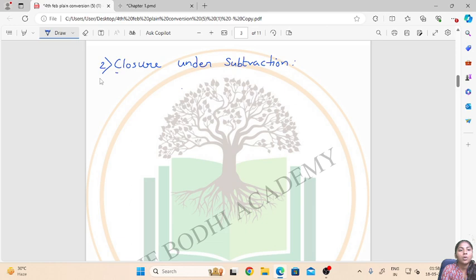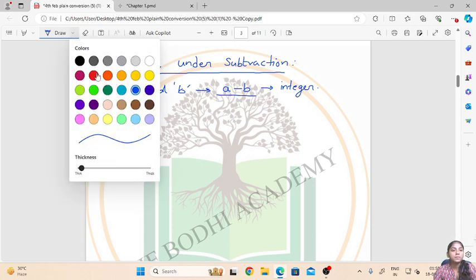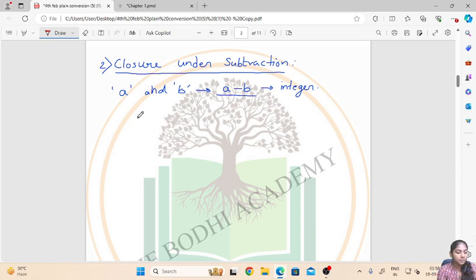So here what it means is that for any two integers a and b, if the subtraction of these two integers, that is a minus b, if this answer is an integer, then we say that integers are closed under subtraction. So let us see some examples for this property.